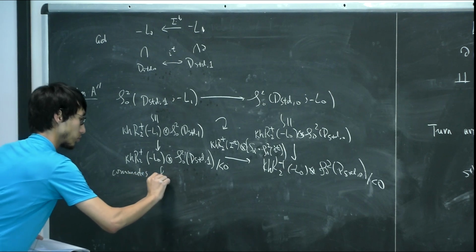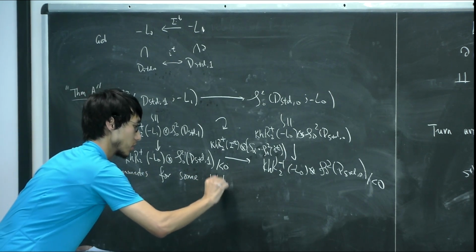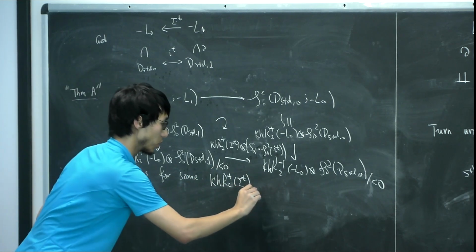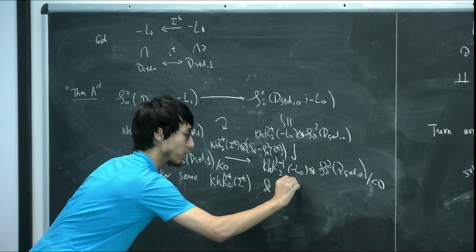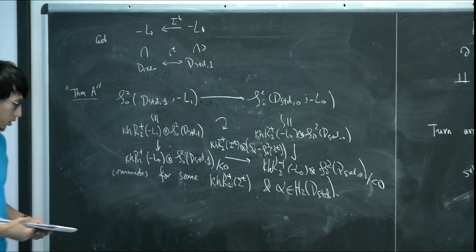for some maps KHR2 plus sigma transpose and some class alpha in H2.